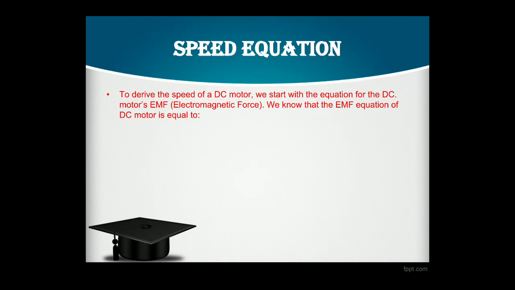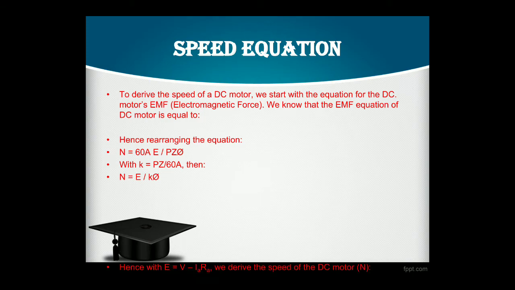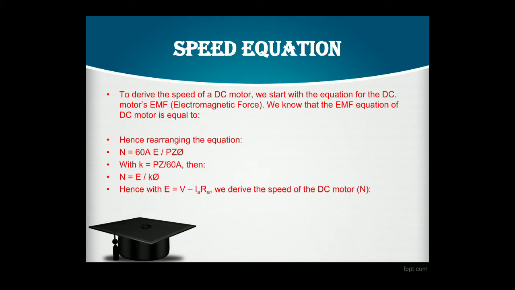To derive the speed equation of DC motor, we start with the DC motor's EMF equation, that is the electromagnetic force equation, or you can say the DC generator EMF equation. Both are the same. The EMF equation is E equals NPφZ by 60A.